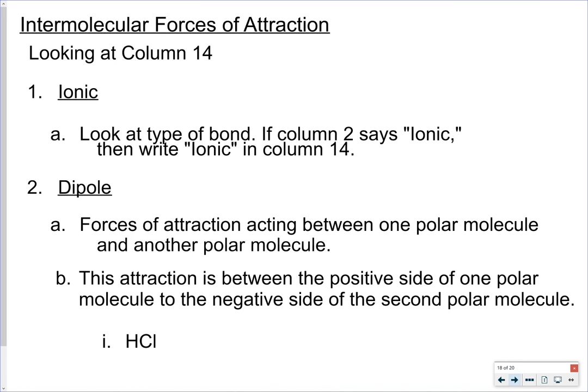So let's talk about our intermolecular forces of attraction. In column 14, you can have four different things. You can have ionic. The only time that's going to be ionic is if in column 2 it says ionic. Sorry about that.